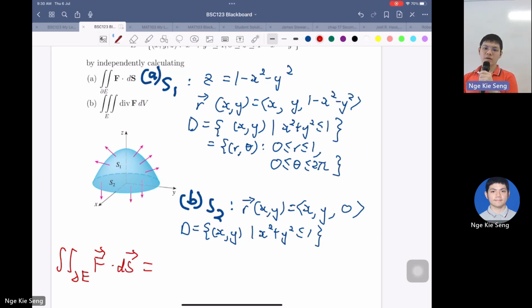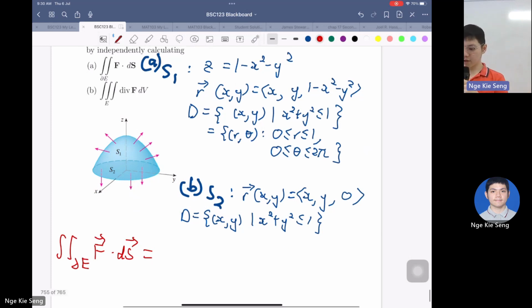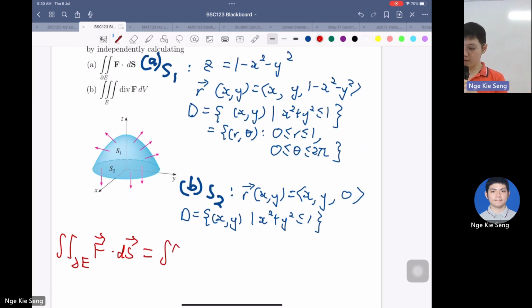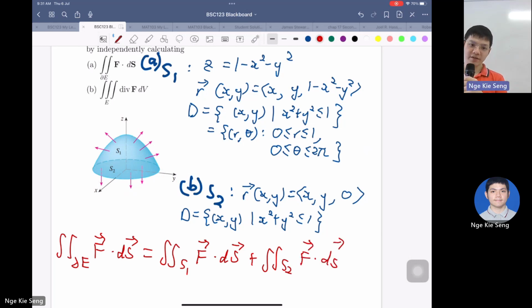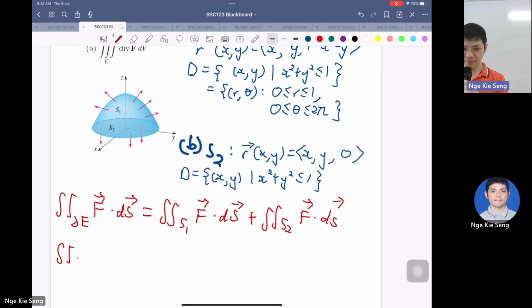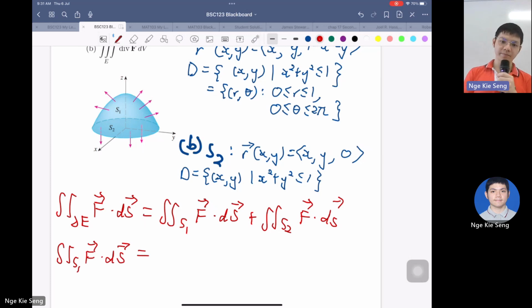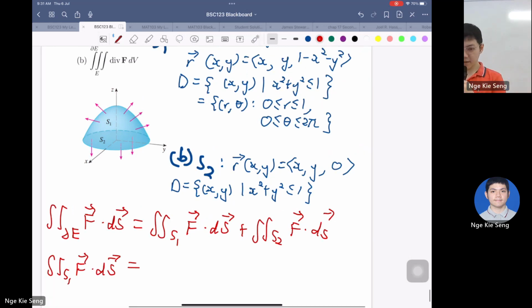Okay, so how to compute this? Because this boundary is split into S1 and S2, I can compute the integral on S1 and the integral on S2. Let's do S1 first. So what do we need?